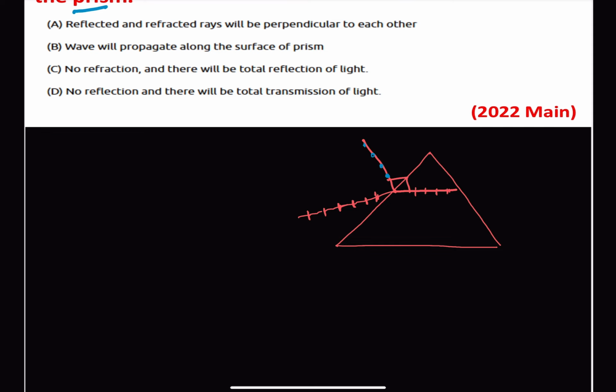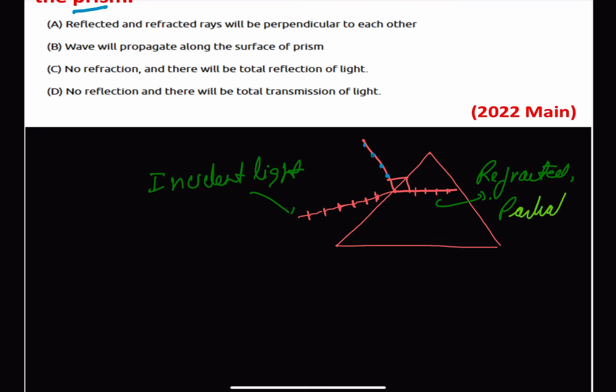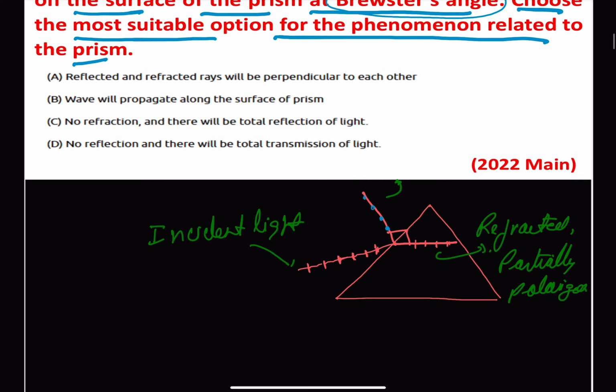So this is our incident light, and this will be our refracted, and it will be partially polarized, and this is our reflected, and it is completely polarized.